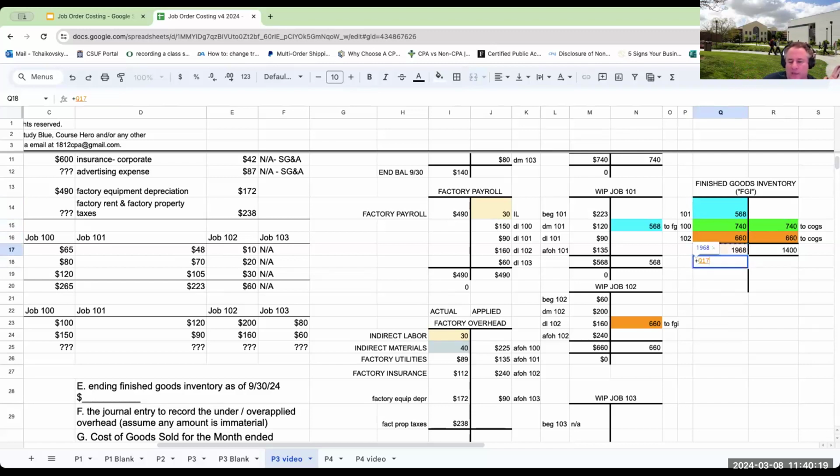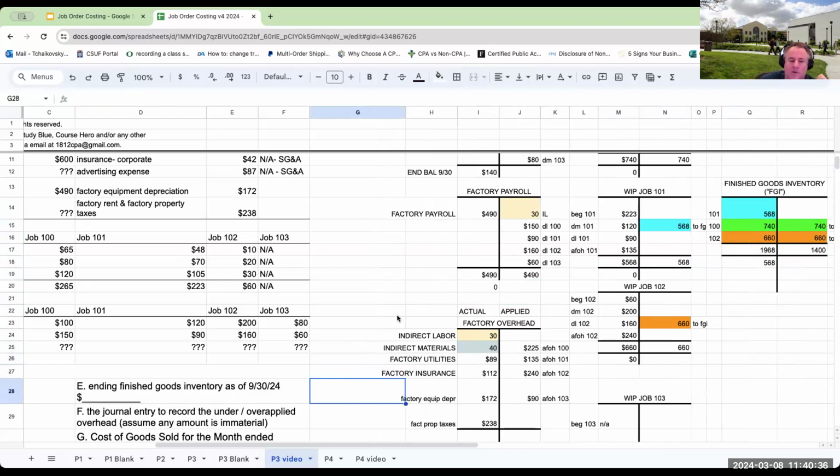So coming over here, if I subtract what I sent to cost of goods sold from my cost of goods manufactured of 1968, there was no beginning finished goods inventory, I get 568. So that's how I know that that particular answer is in fact correct. So our ending finished goods inventory is going to be 568.